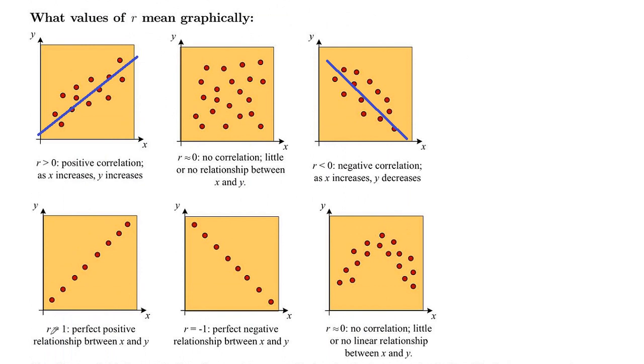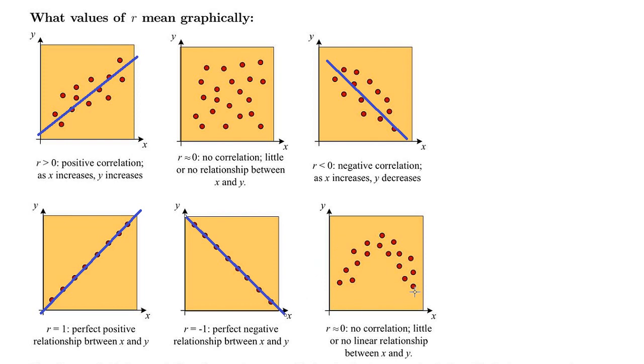And then if r is equal to 1, that's a perfect positive correlation. So these points are exactly on the line. Your regression line goes through all of the data points when r is equal to 1. If r is equal to negative 1, that is a perfect negative linear correlation. So all your points are on the regression line, with negative slope.